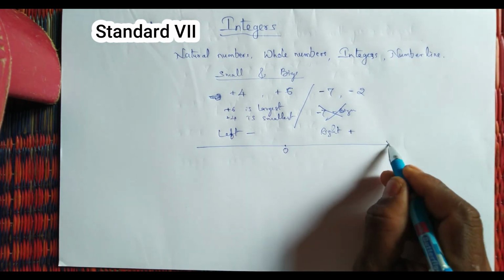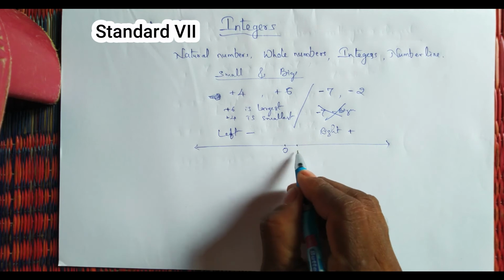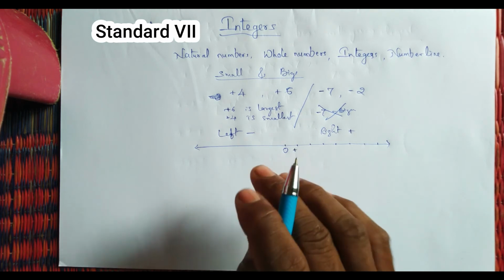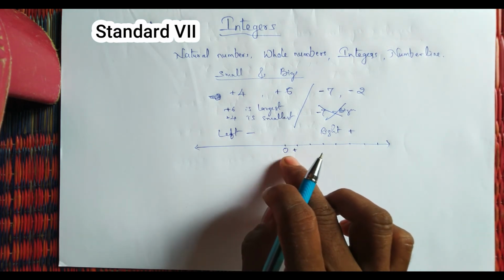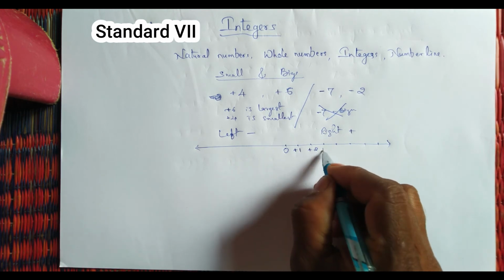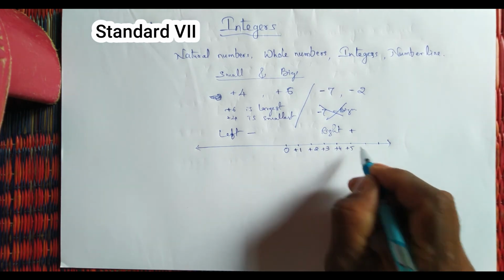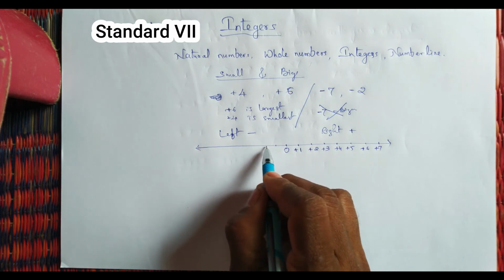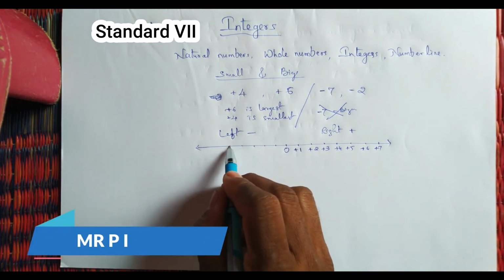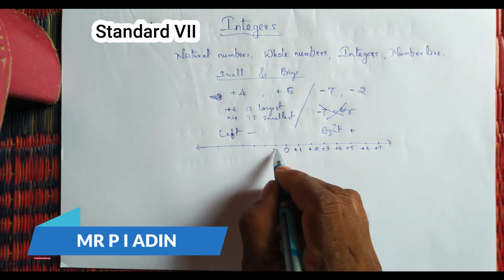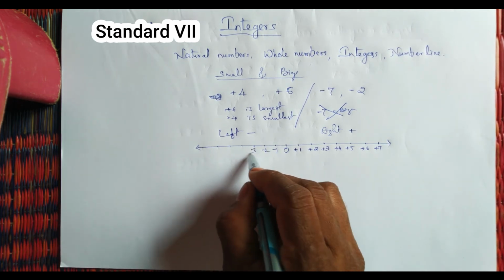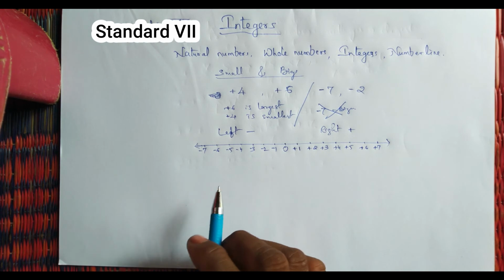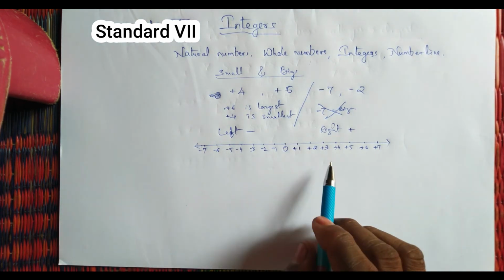So if I mark here in proper partition, on the right side from the 0 all numbers are positive, as you know from the last class: plus 5, plus 6, plus 7, and so on. And on the left side from the 0 all numbers are negative, means minus 1, minus 2, minus 3, minus 4, minus 5, minus 6 and minus 7. So this is the number line.